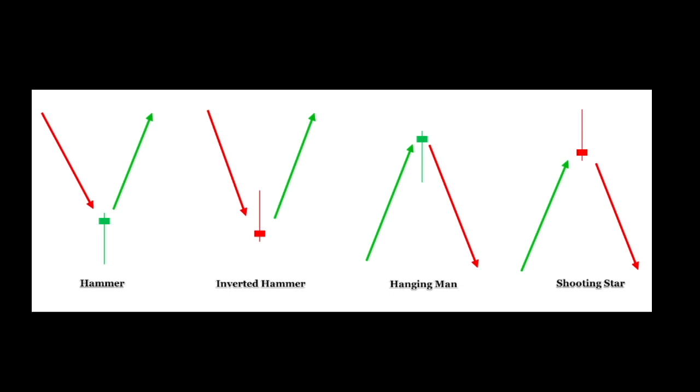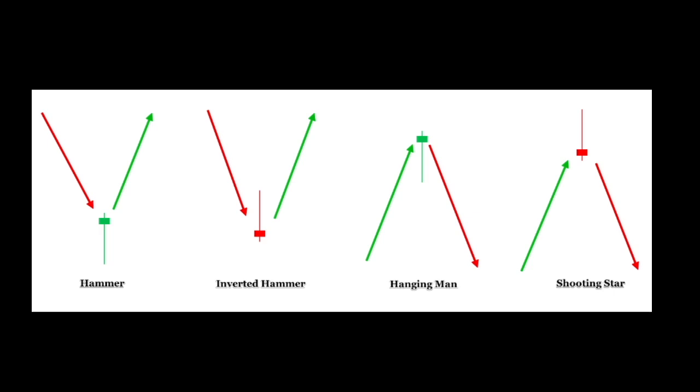And let's see here. Now the inverted hammer, it's basically the opposite of the regular hammer. It also signifies a downtrend to uptrend change, but it's showing a longer upper wick.